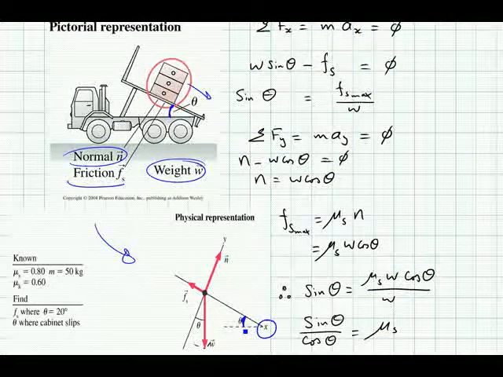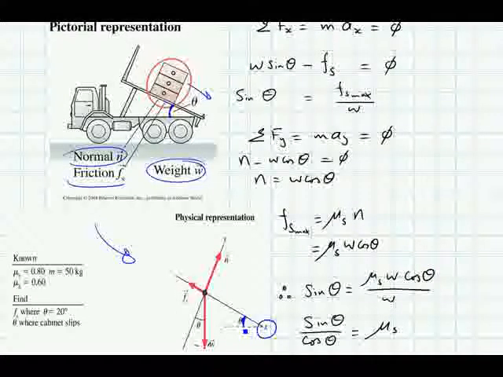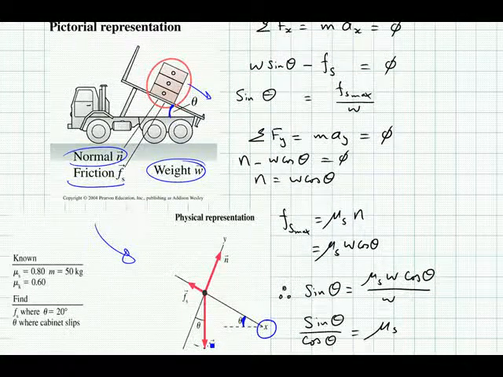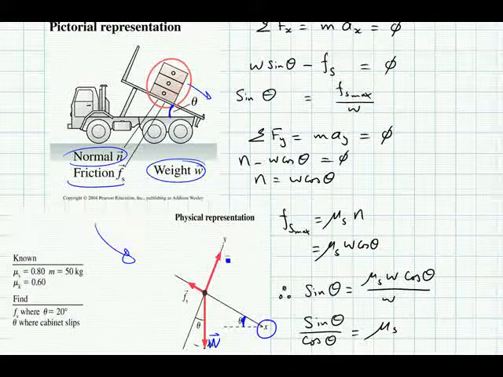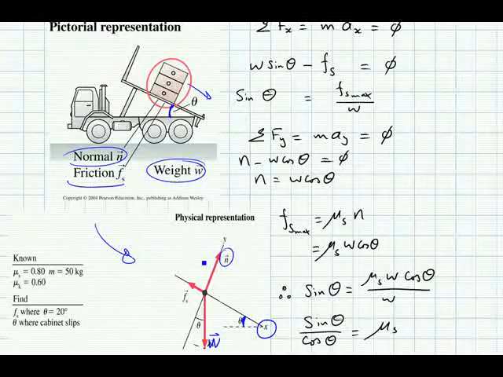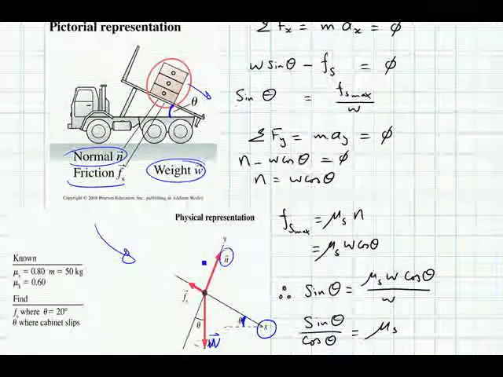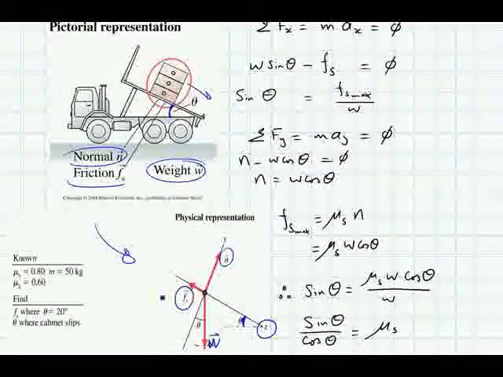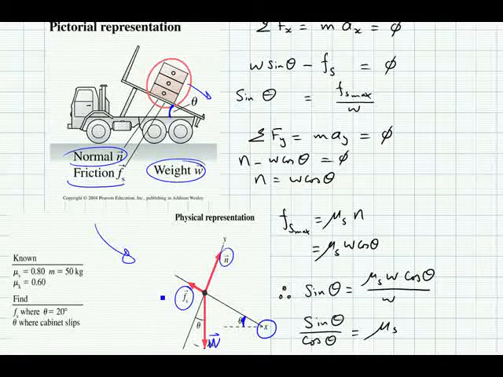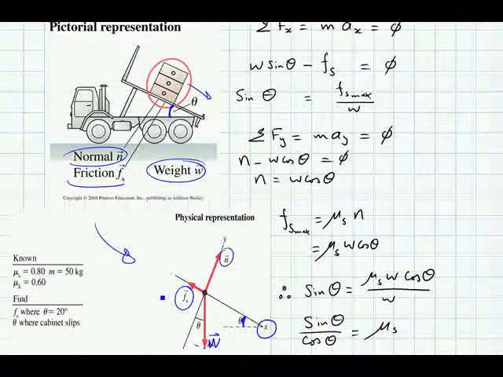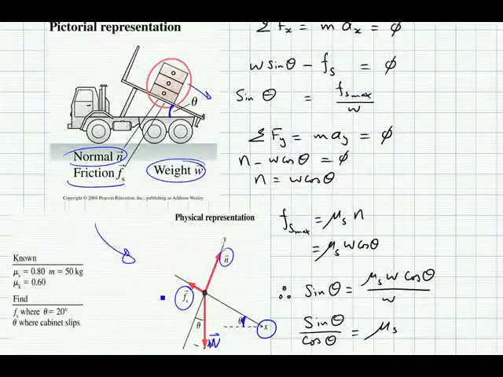Now, as far as the forces go, W, this is W, points straight down, normal force points along the y-axis, and static friction force is towards the negative of the x-axis, the direction opposite to the would-be motion.